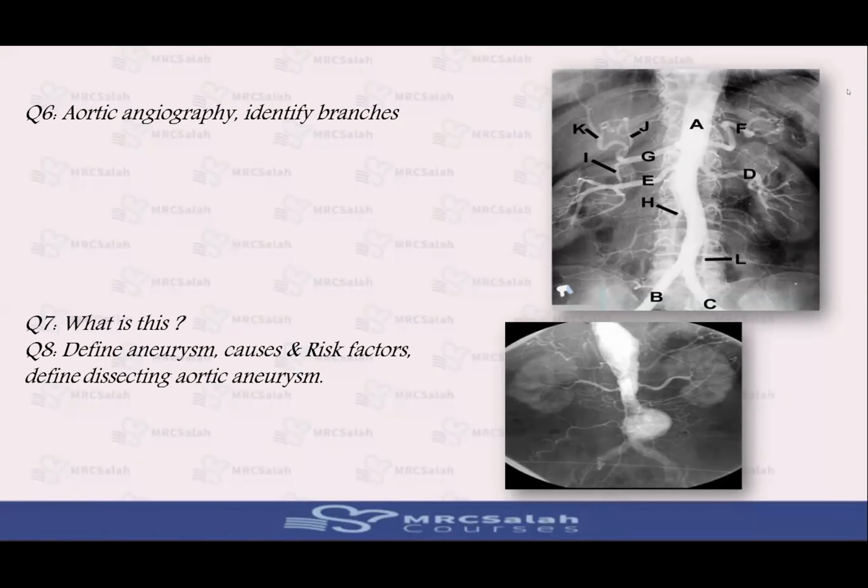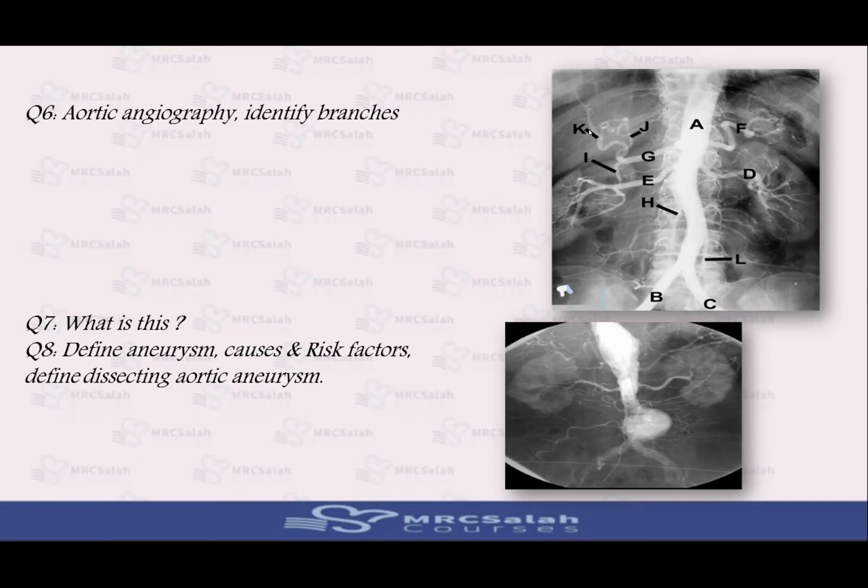Okay. F is the left gastric. F is what? Splenic artery. Yes. J is the common hepatic. J is the left hepatic, and K is the right hepatic, and I is the gastroduodenal artery. Okay. And H is the inferior mesenteric artery. L is the inferior mesenteric. Yes.